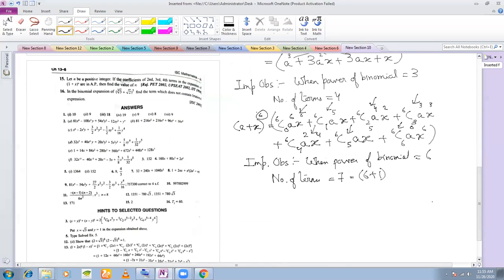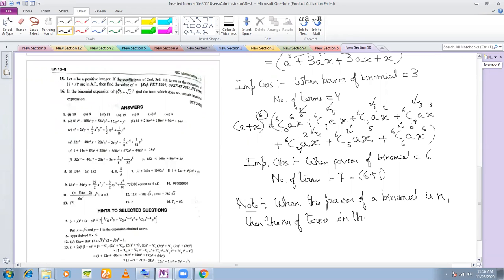This leads to the conclusion that when the power of a binomial is n, then the number of terms in the expansion is n plus 1.